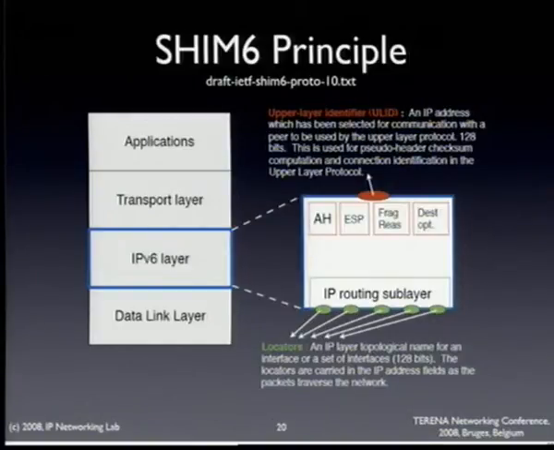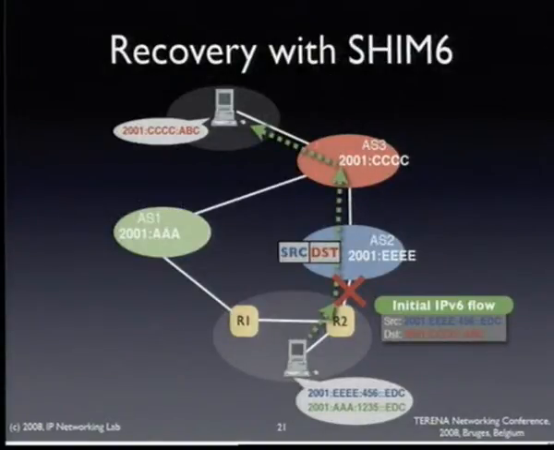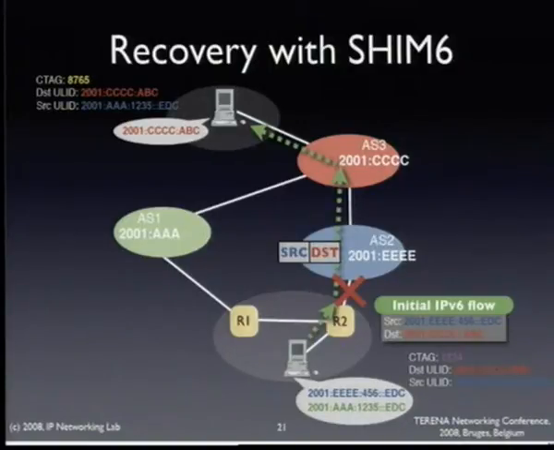Shim6 is just a small sublayer in the IPv6 layer, and it allows mapping the transport level identifiers to the locators, which are the network interface addresses. When you have Shim6, the same scenario as before becomes as follows. In addition to the source and destination addresses, each TCP connection or each flow can be associated to a context tag, which is negotiated.